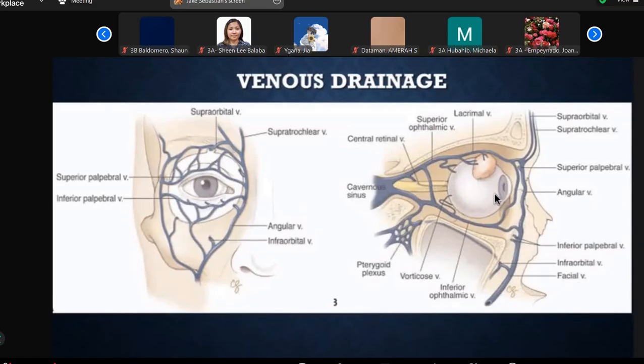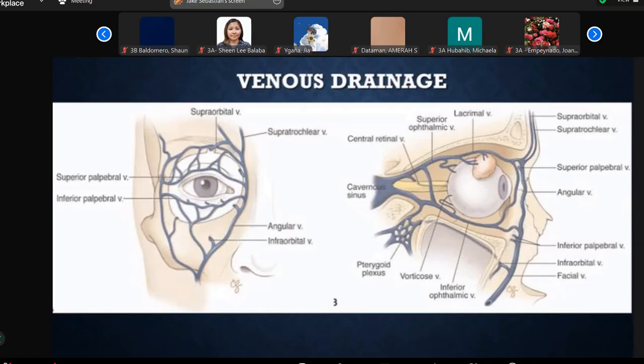The vortex veins, this is what we see here. The vortex veins are the veins really coming out of the eyeball. There are 4 to 7 vortex veins. So they drain the choroid.